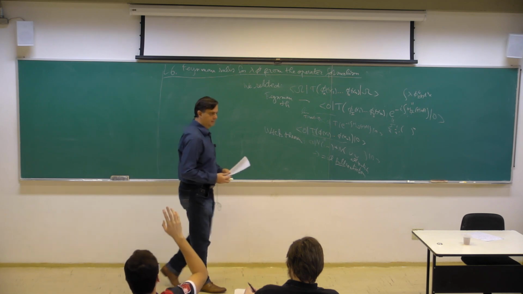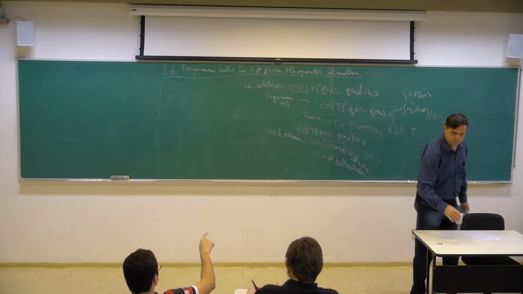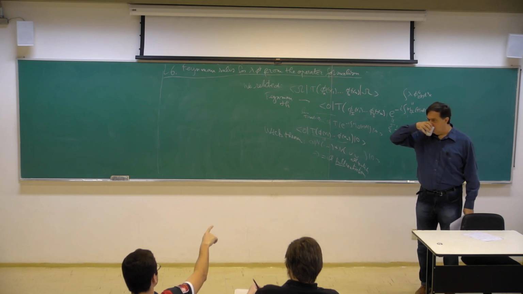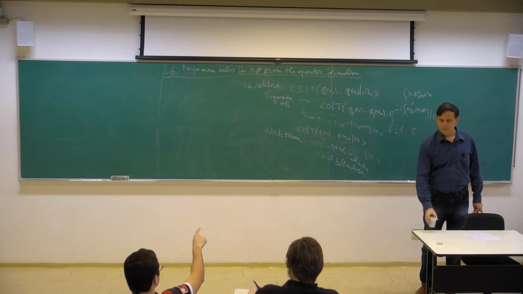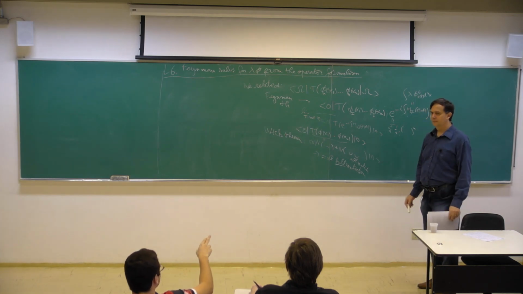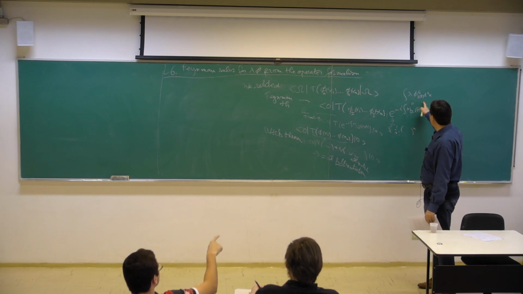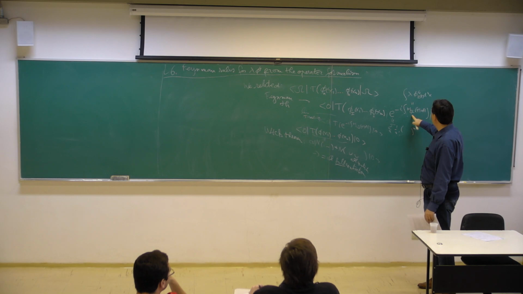Professor? Yeah. Sorry, why are you emphasizing every time that the interaction part of the Hamiltonian has this form? Because we deduced this form of the Feynman theorem for any H of I, right? Yeah, right. But I meant that the interaction Hamiltonian is always a function of the fields, right?